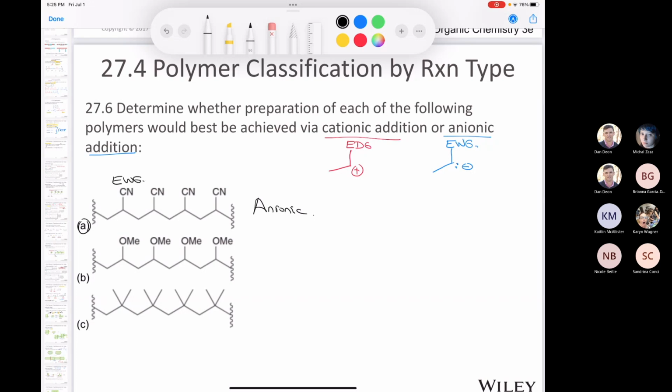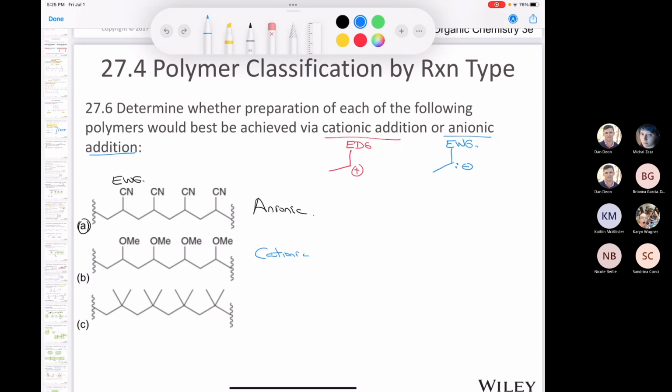What about the next one? What do you think about that one? You've got a methoxy group on it. Methoxy, you can kind of think of it in two ways because the oxygen is electron... Cationic, yeah, it's cationic, absolutely. And that one's tricky because an oxygen is electron withdrawing. I mean, it's the second most electronegative element in the periodic table.